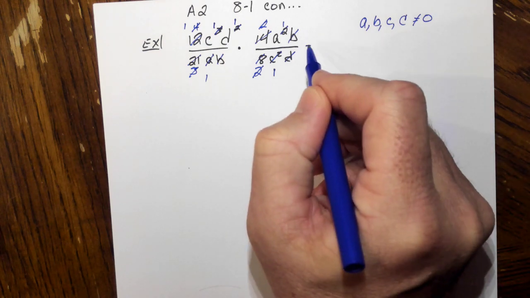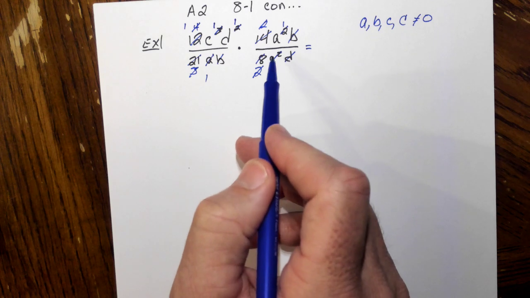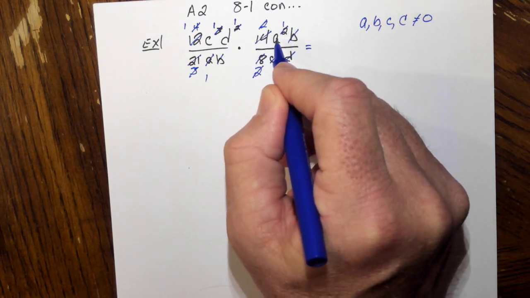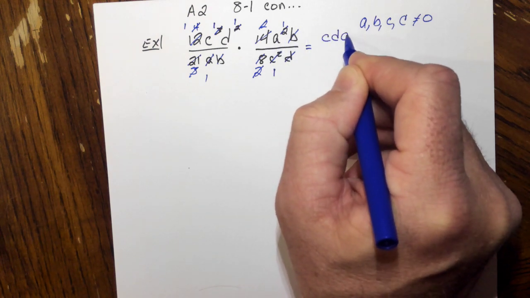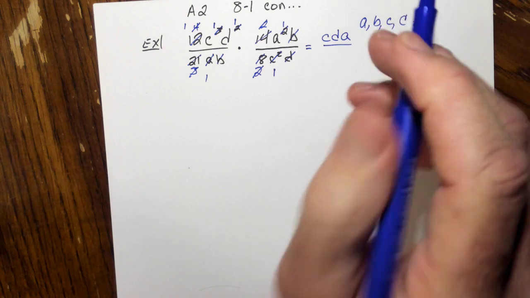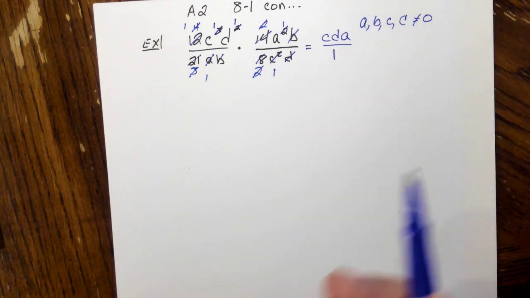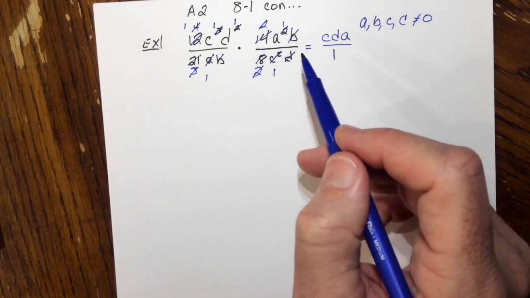So, what are we left with? 1 times c times d times all that stuff, a. So we're left with c, d times a. Some of you will put that in alphabetical order. What's on our denominator? 1. And again, if you really wanted to, a lot of times the directions will take that away.